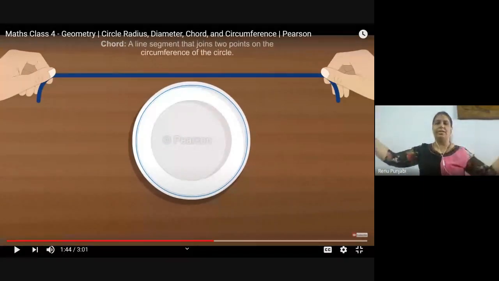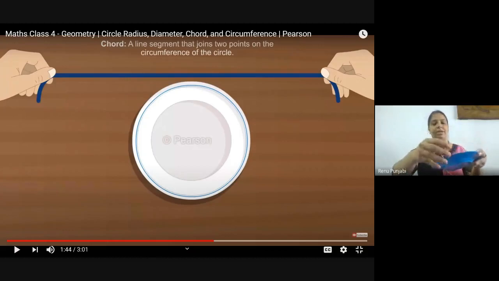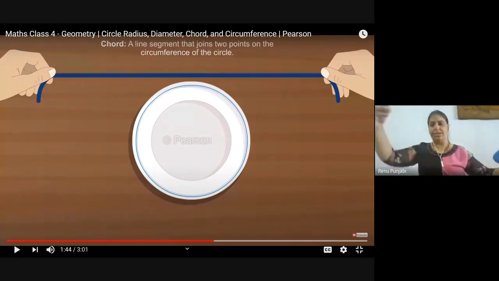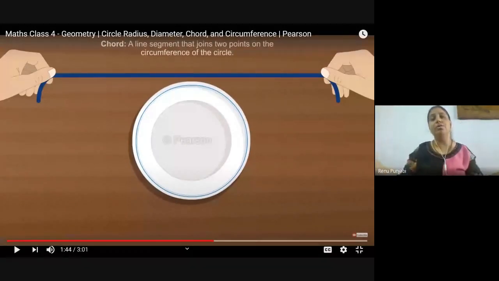First, you have to take the thread and hold it at the one end and then keep on rounding it, and then suppose your measurement is coming till here. You have measured this much thread, right? Now, how will you know the circumference of your plate? You take the measuring tape or the ruler, start from the 0 and measure it on that ruler. How much is coming? Am I clear to everyone?